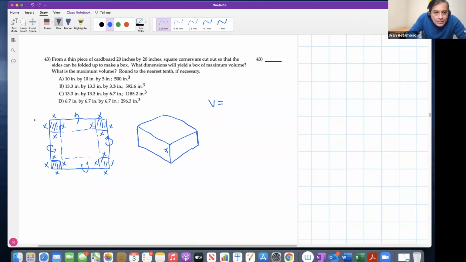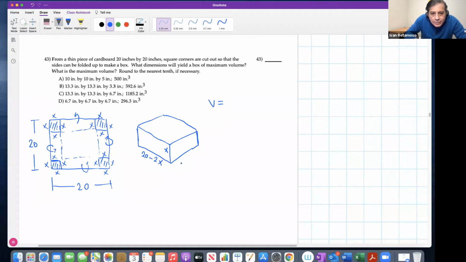Notice that originally the material they're giving you is 20 inches here, 20 inches here. If you are removing twice X, what will be left for this and this? Try to catch that, guys, very important. Alexia, very good, excellent. 20 minus twice X here.